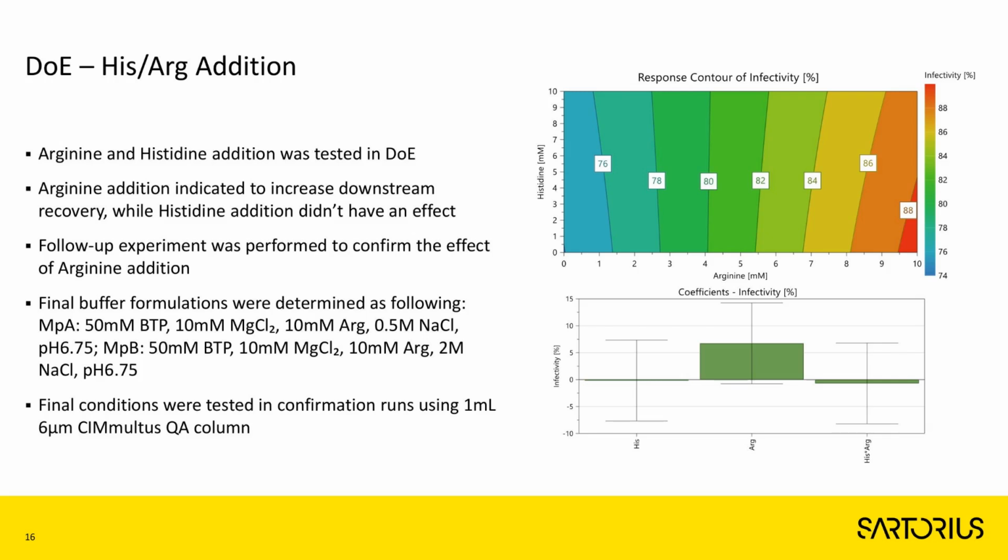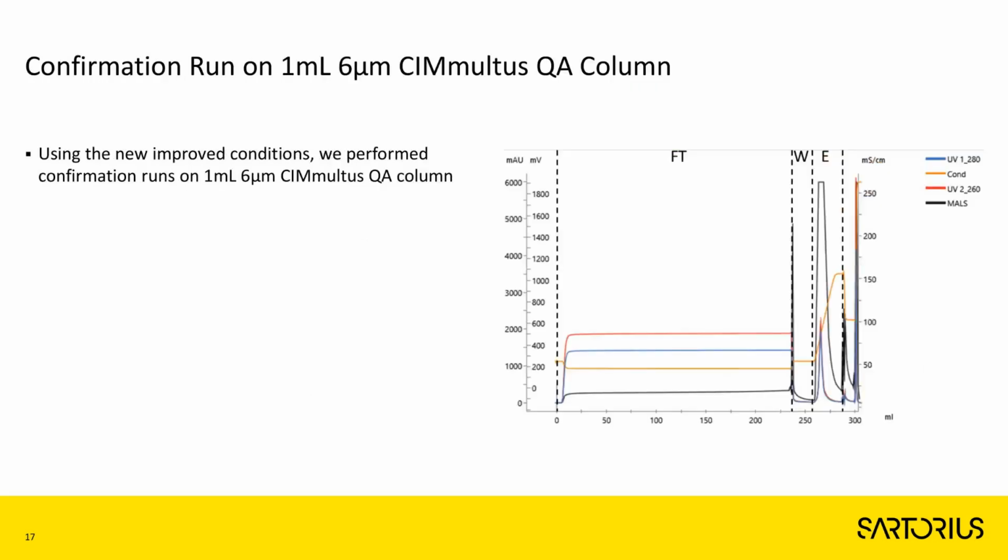So these final conditions were then tested in 2 confirmation runs, which were performed using a 1 milliliter 6 micron CIMmultus QA column. So you can see a chromatogram from one of the runs here on the right.